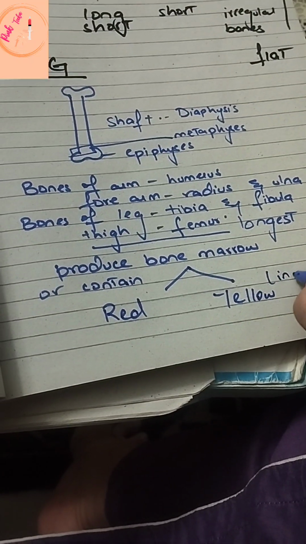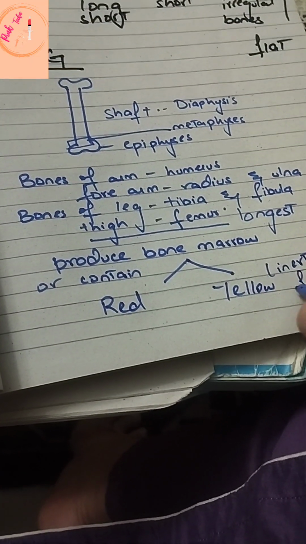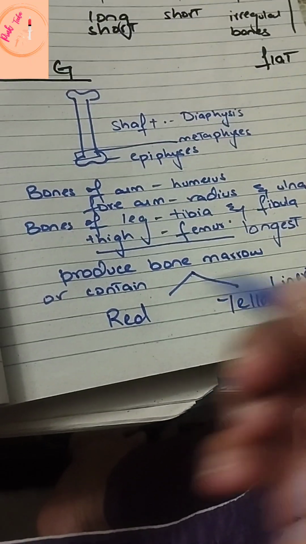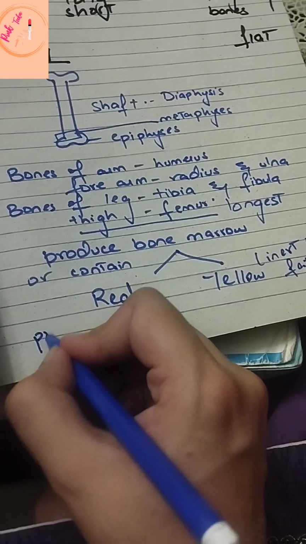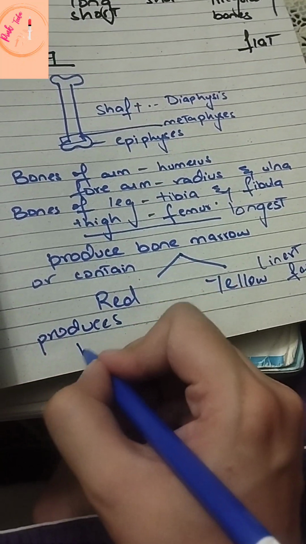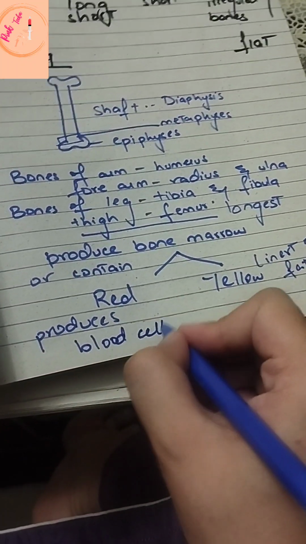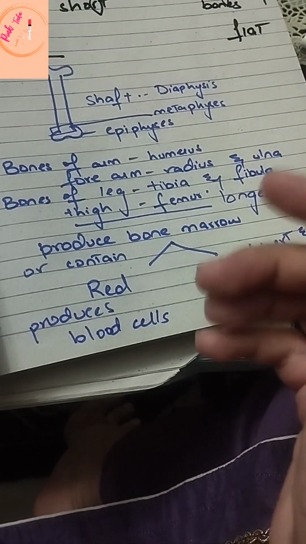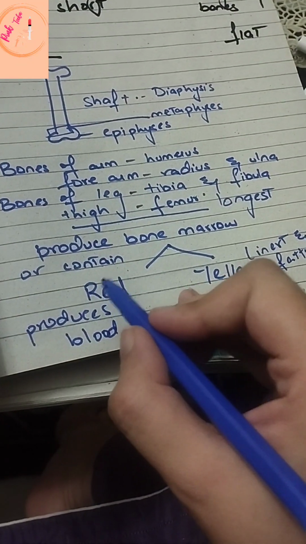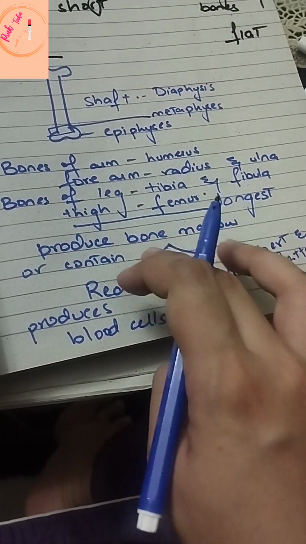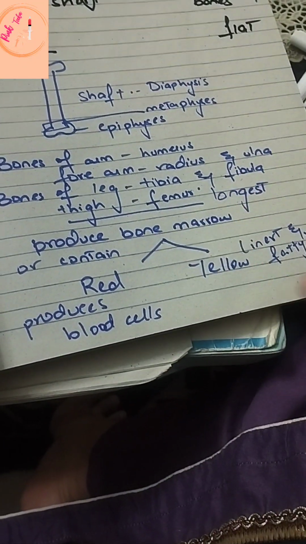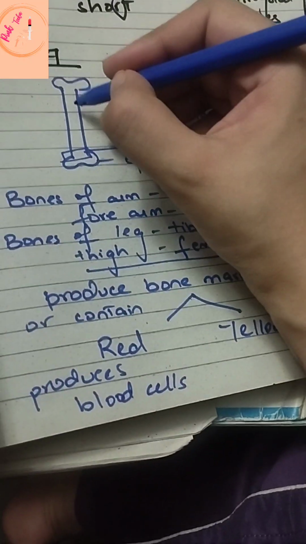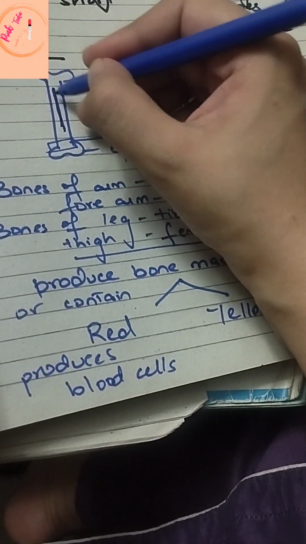The yellow one is inert and fatty, but the red one produces blood cells. All blood cells arise from bone marrow of these long bones and some other bones, and these are produced within the bone marrow. Bone marrow in a bone is found within the center.